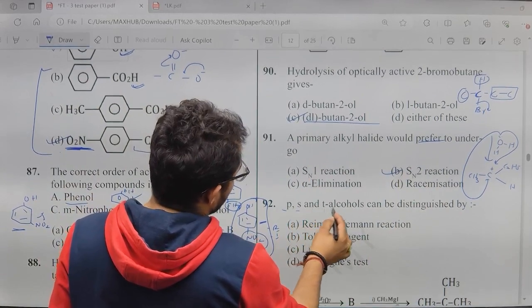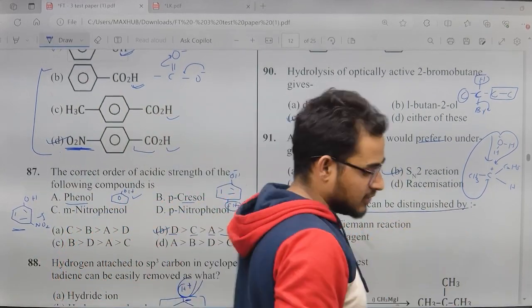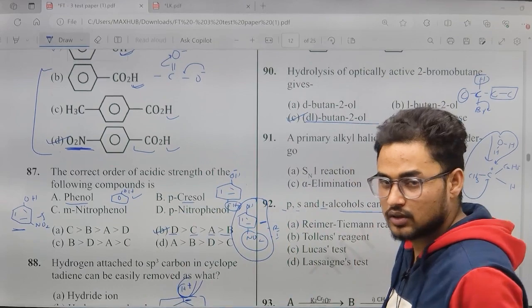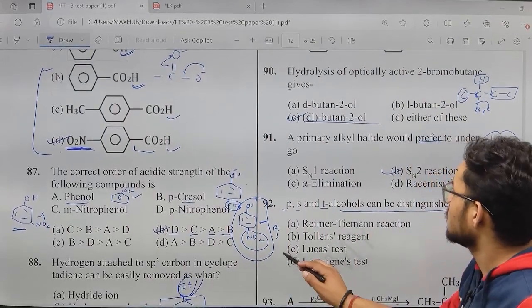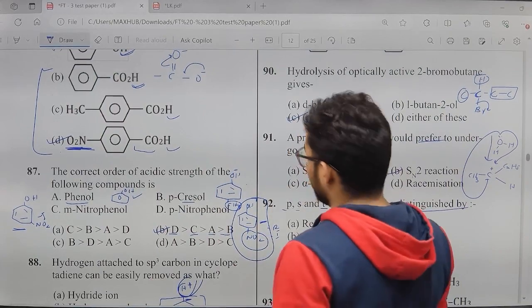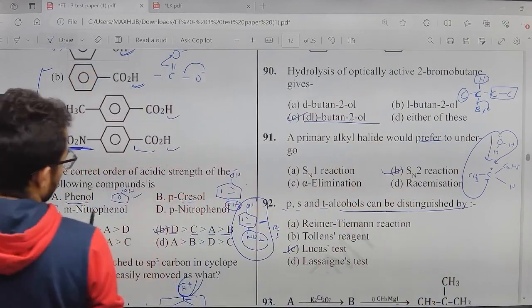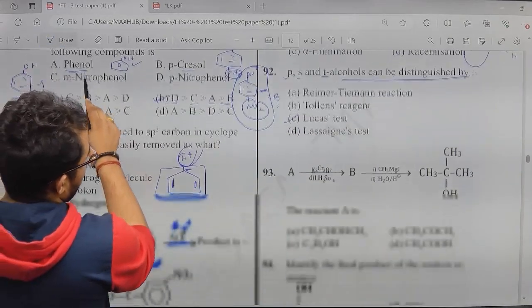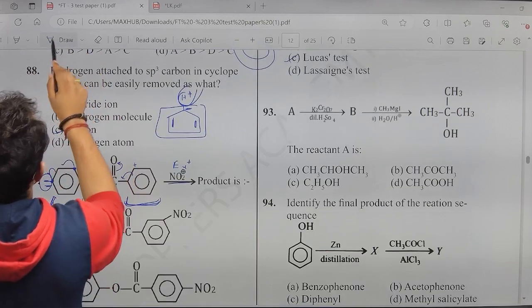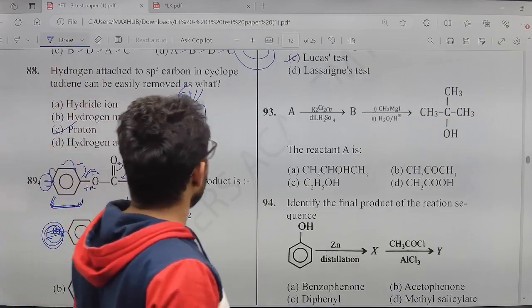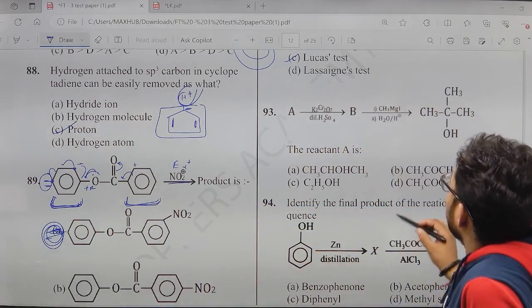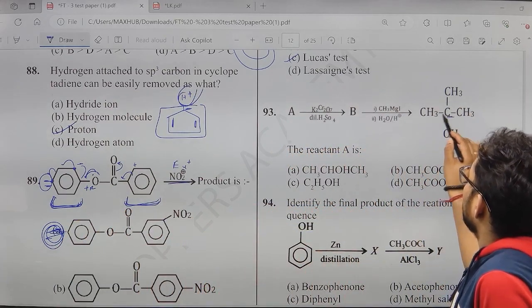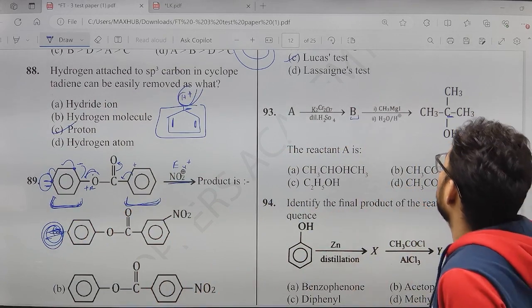Alcohol, primary, secondary, tertiary, we know the Lucas test, ZnCl2 plus HCl. So in the Lucas test, what is the function of ZnCl2? To make OH a good leaving group. Now this question here, listen, that means CH3 is attacking. Suppose what is the possibility of B?